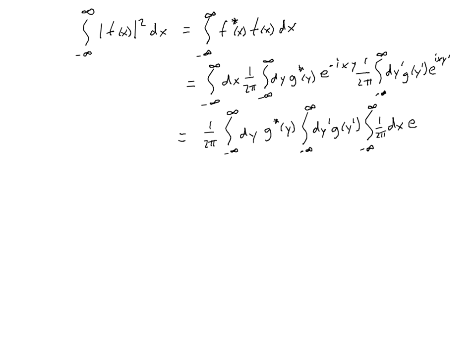And I'm going to take all my exponential terms and group them here. So y prime minus y, x. And what happens is this last term is a delta function.